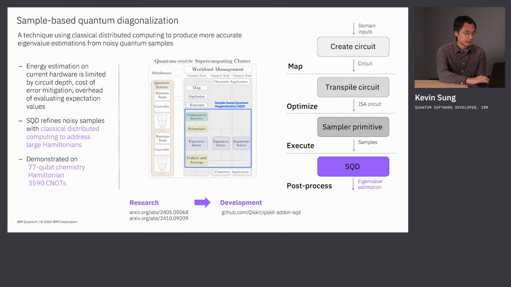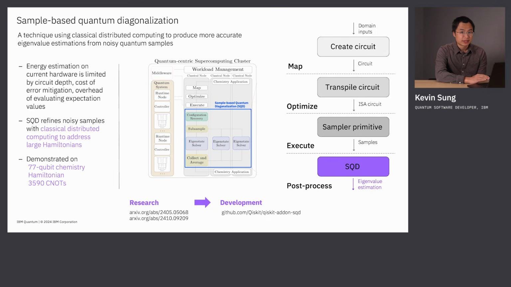In the picture in the middle, you can see a quantum system that has a quantum processor on the left side, and in SQD we're using this quantum processor to sample electronic configurations. Then it gets passed to the classical computer, here on the right side, and the diagonalization is performed on the classical computer.